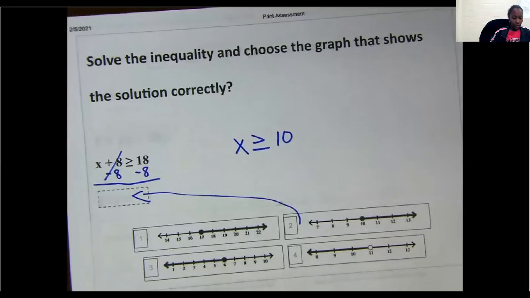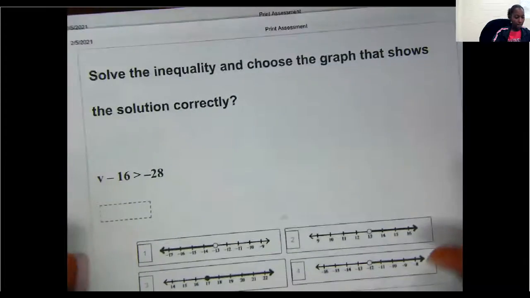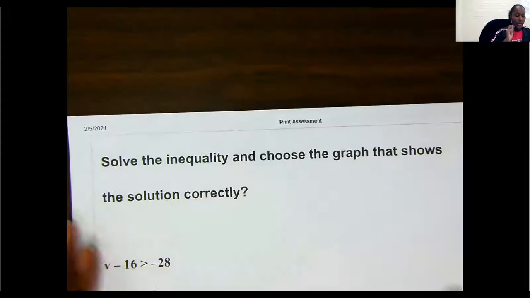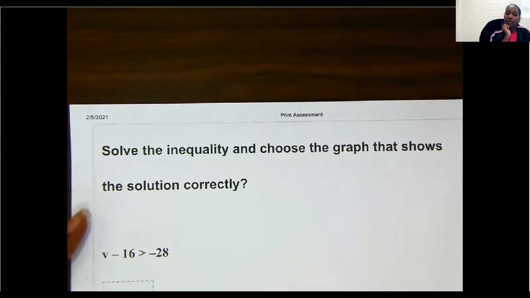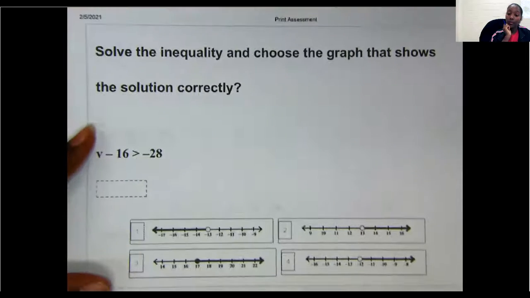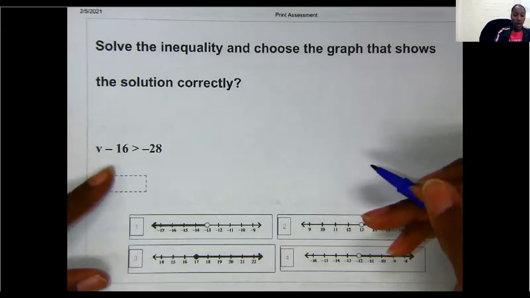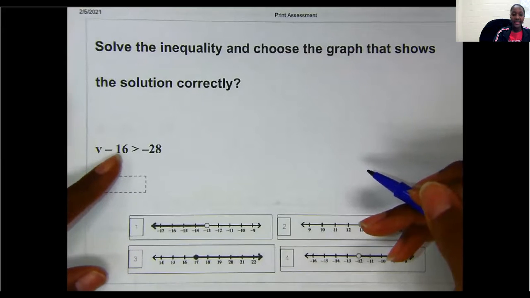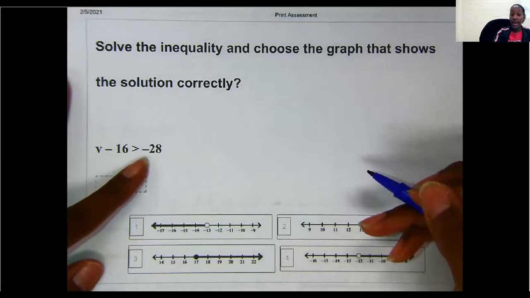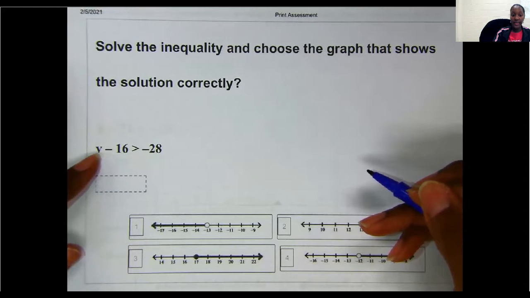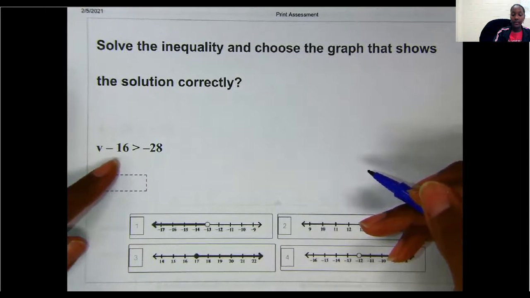The next question you had on your quiz. Solve the inequality and choose the graph that shows it correctly. Another one. Let's look. We need to solve it first. I have v minus 16 is greater than negative 28. I want the v by itself, so I need to get rid of the negative 16 by doing the opposite.